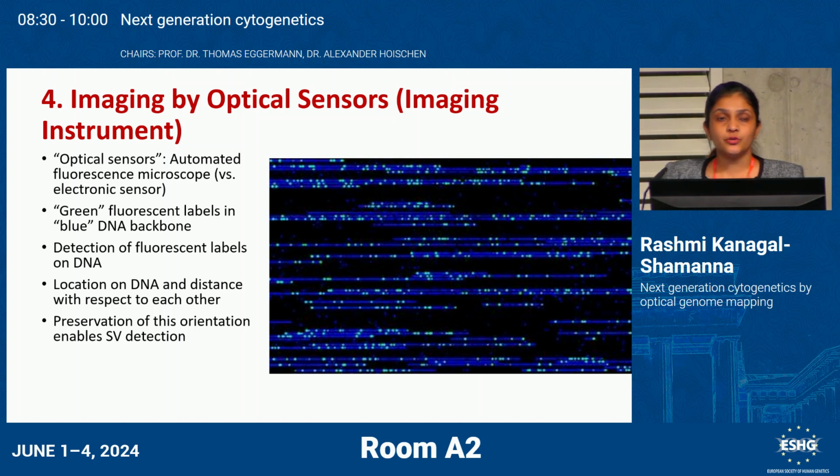In this image, you can see that the labels are green, and you can notice the pattern of labeling in the backbone of the DNA, which appears as blue. It not only captures these labels, but also preserves the information on how these labels are in relationship with each other, the distance between the labels. And that's what gives it the high accuracy for SV detection.